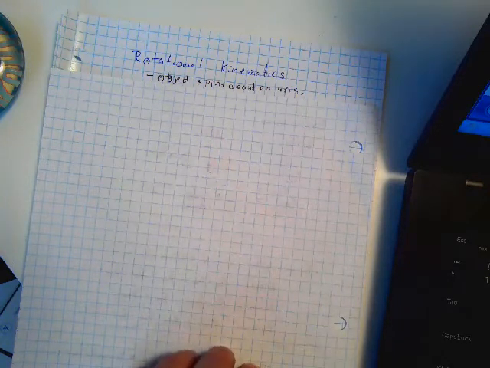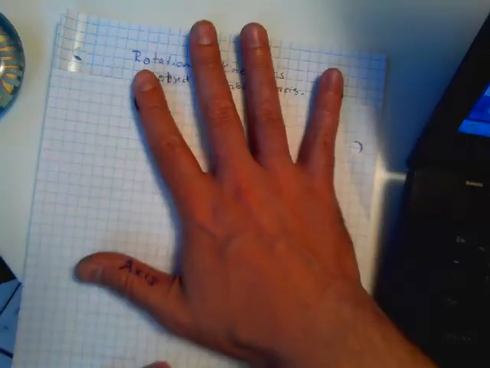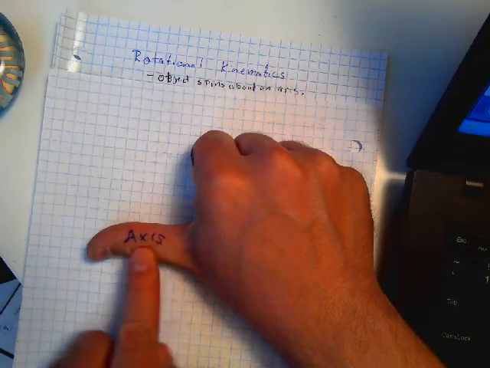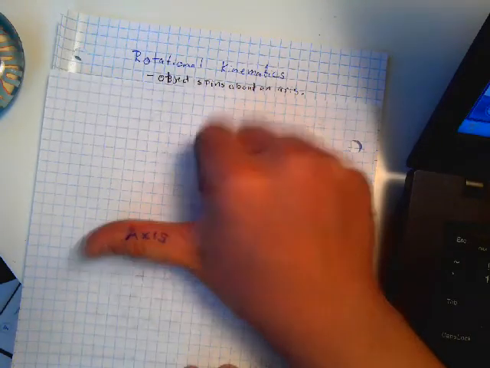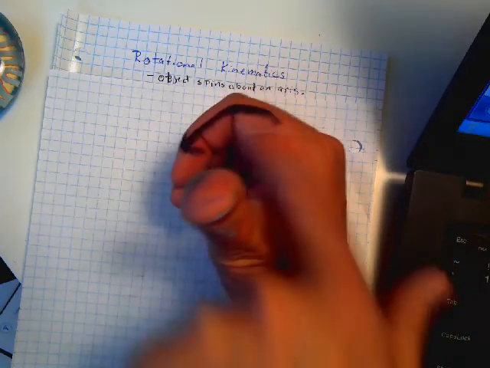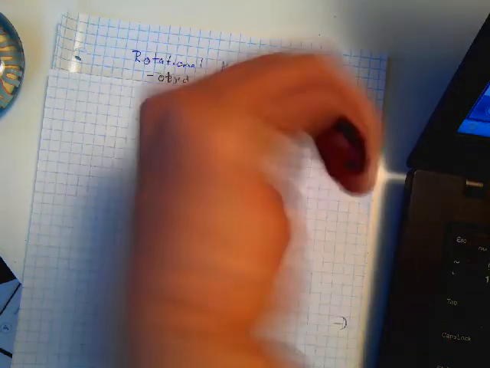So for that, we're going to use what we call the right hand rule. So you take your right hand. Your thumb is going to be the axis of rotation, and then you just make a loose thumbs up. The positive direction is going to be where your fingers curl if your thumb's up. The negative direction is going to be where it curls if it's thumbs down.